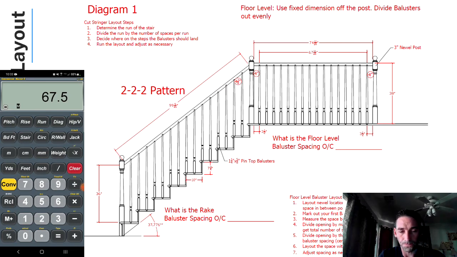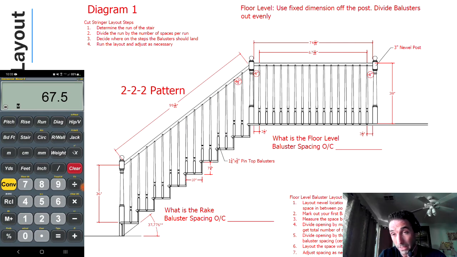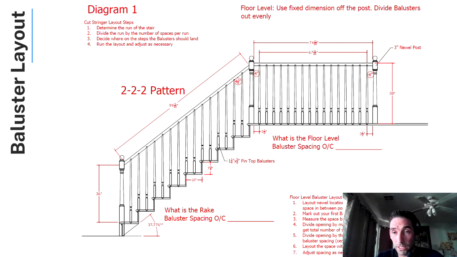So you've got some adjustment there. Now, it's not very much. Adjustment was 3/16, I think. So if your last baluster spacing is 3/16 off, that's acceptable. That's a small enough variance that you're not going to have an issue. I just wanted to make sure that they're aware of that as they go into this. Okay.